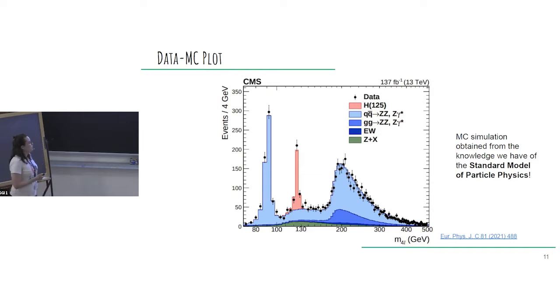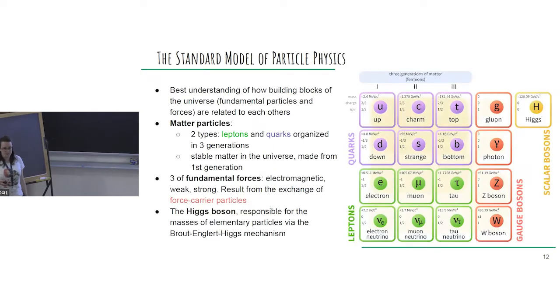This simulation is one of the very important tools that we have in particle physics, because it's basically the expected knowledge that we have of the model. And this is obtained from, let's say, first principles, from the knowledge that we have of the standard model of particle physics.